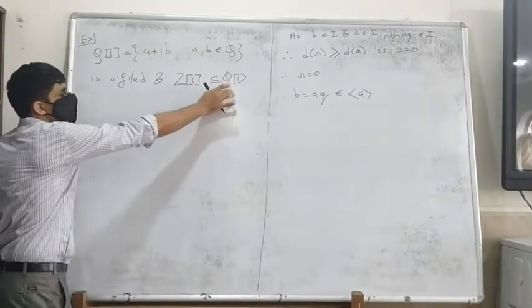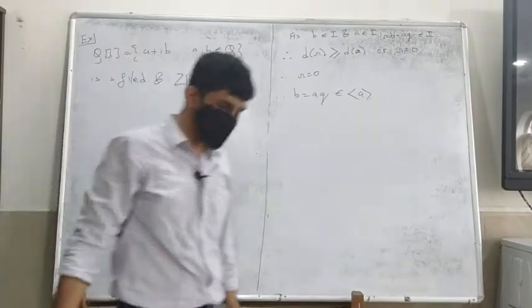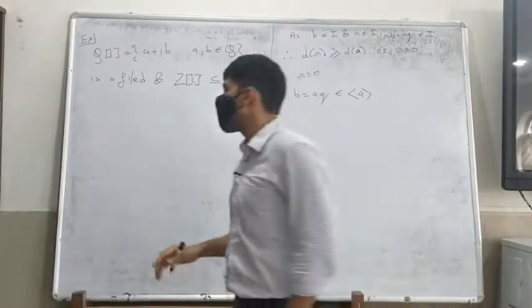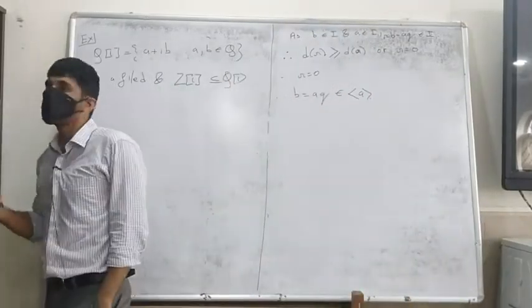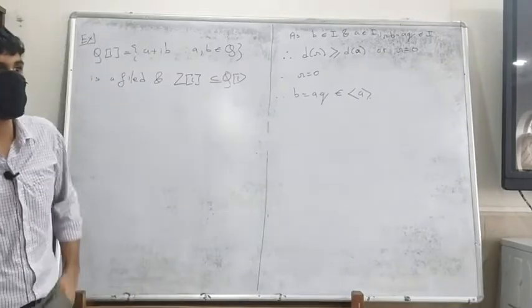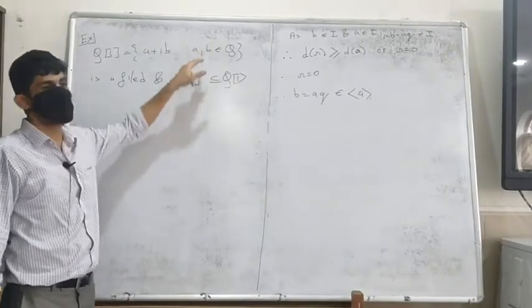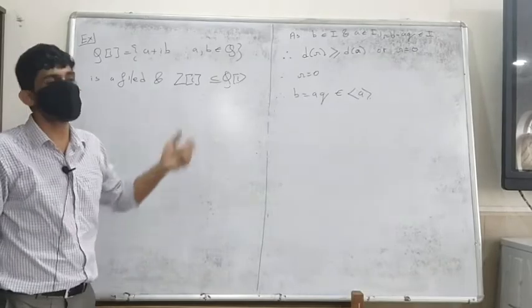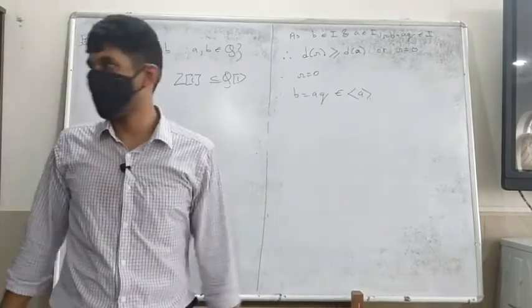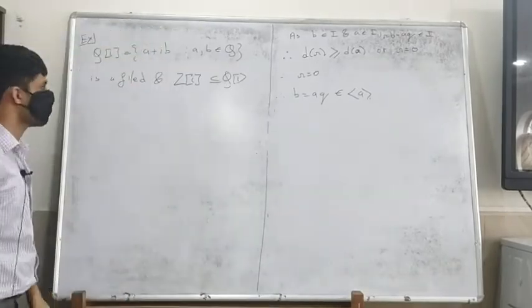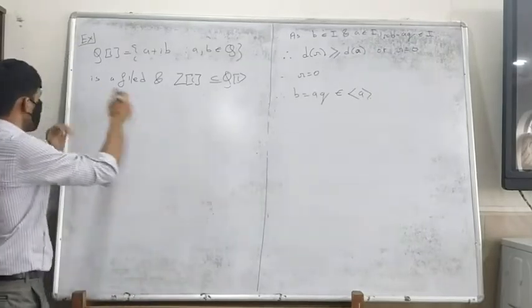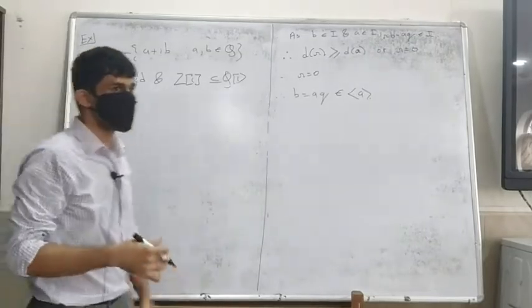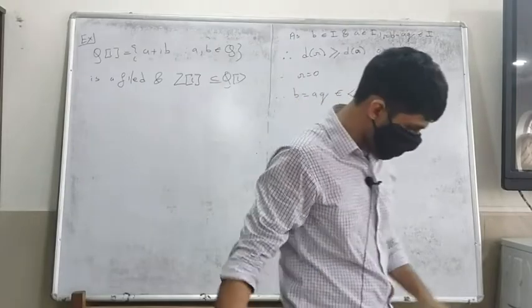In fact, you can quite easily show that this is actually the quotient field of Z[i]. Try and see if you want; look through the properties of what should be there in quotient fields.